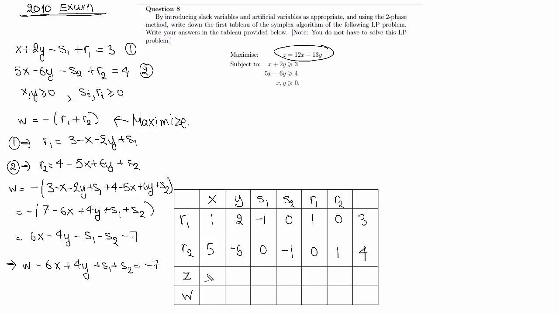So z will be minus 12 and 13 because we input that the same way as w, like this. So we have zeros for everything else. And now w is minus 6, 4, 1, 1, 0, 0, and minus 7. And we are done since we don't need to solve the simplex algorithm or that tableau. And that is it. That's our two-phase method.